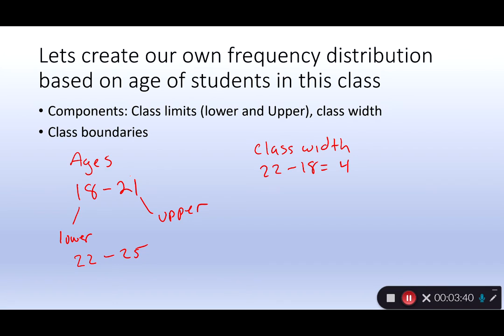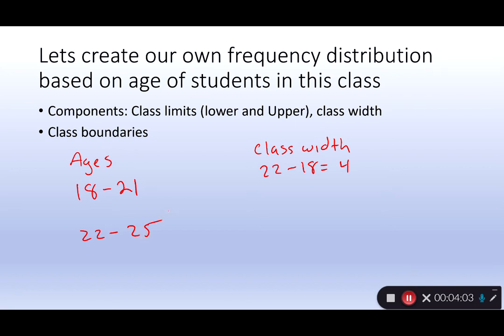All right, class boundaries are when we don't want to have any space in between our classes. So I have 18 to 21, 22 to 25.